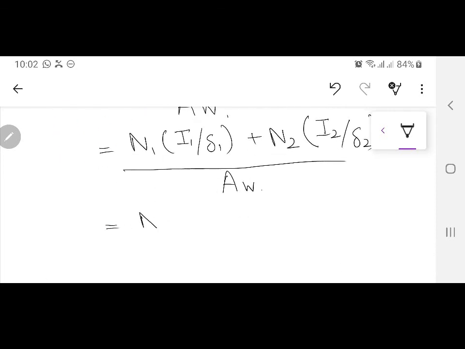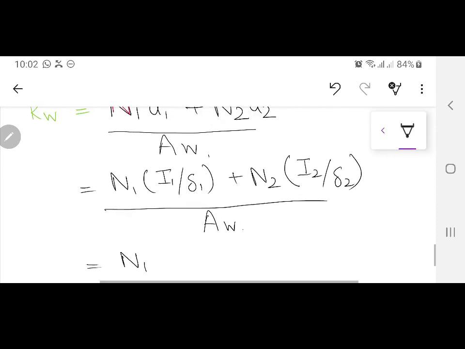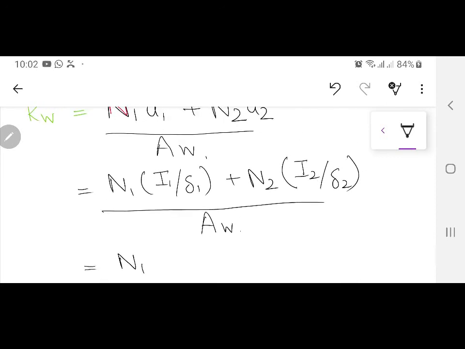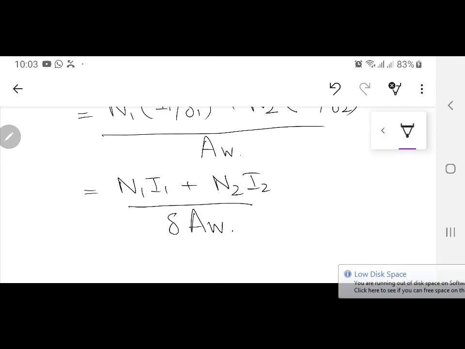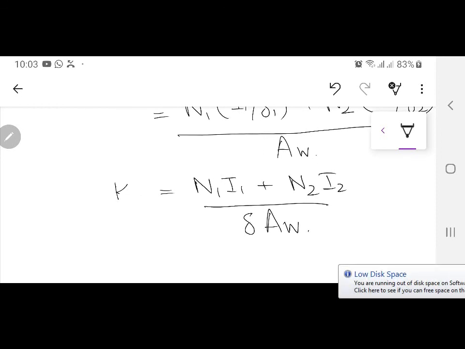Since I just told you that delta 1 and delta 2 are going to be almost the same, unless you have a very different transformer, this becomes N1 I1 plus N2 I2 divided by delta AW. Okay. I have taken out delta, the current density, and this is Kw.